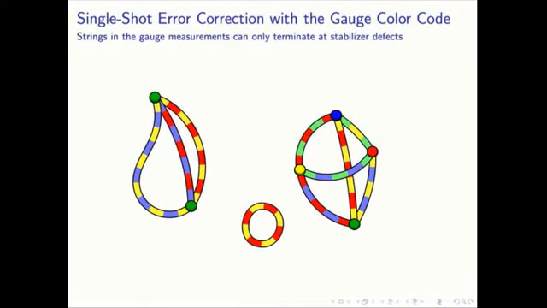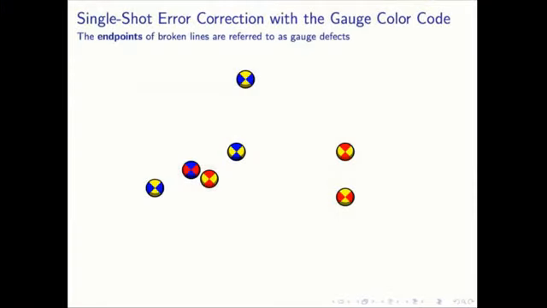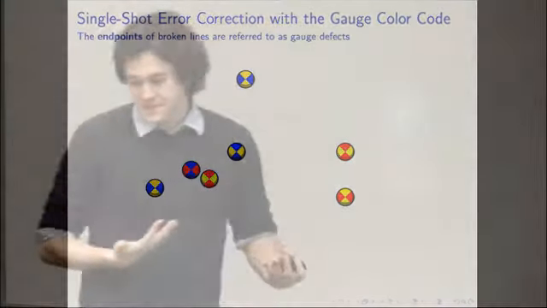So if we know to expect some gauge configuration that looks like this, and we start seeing breaks in this configuration, we can use these endpoints to actually identify the positions of measurement errors. So we take this data, the endpoints of these pieces of spaghetti, and we run it through a decoder again.